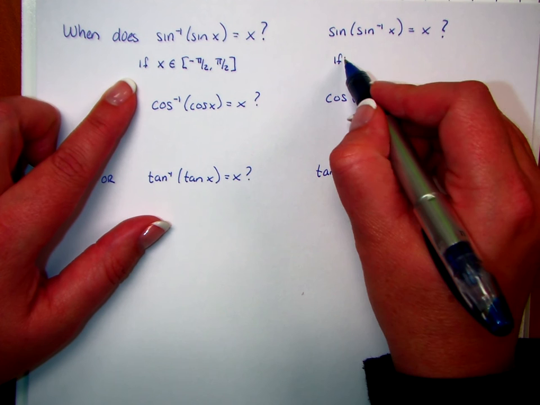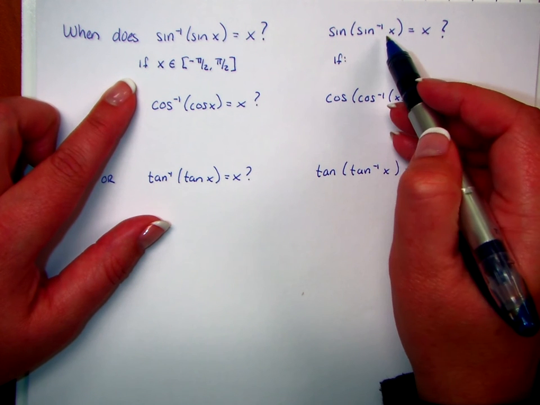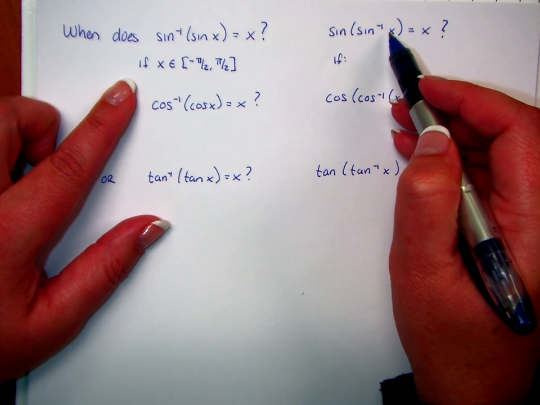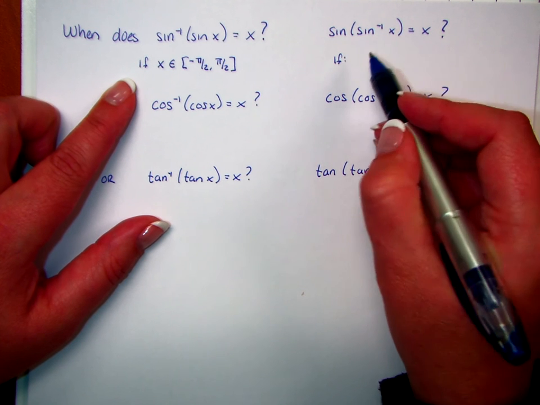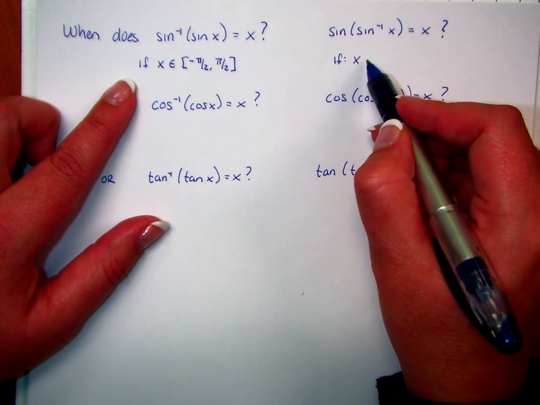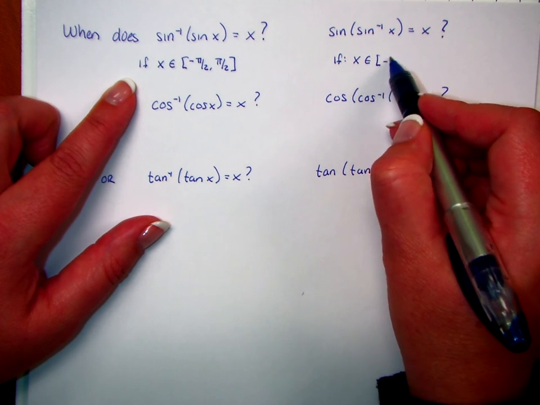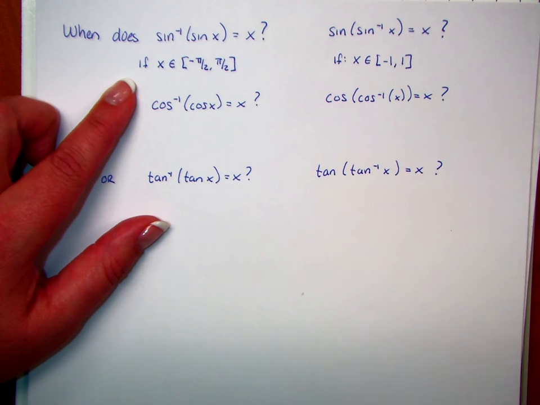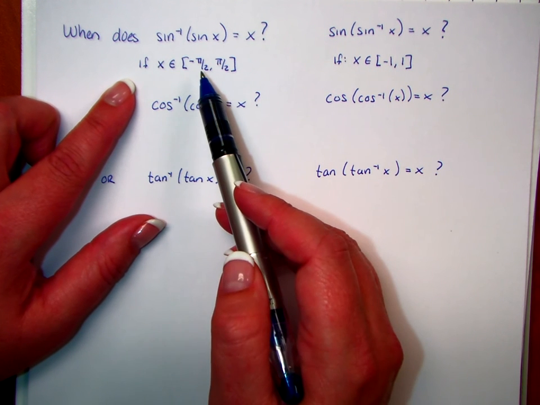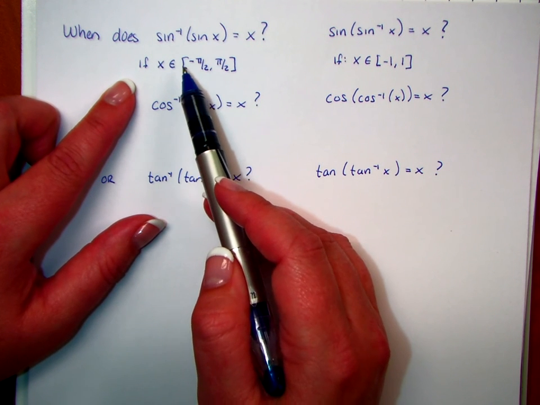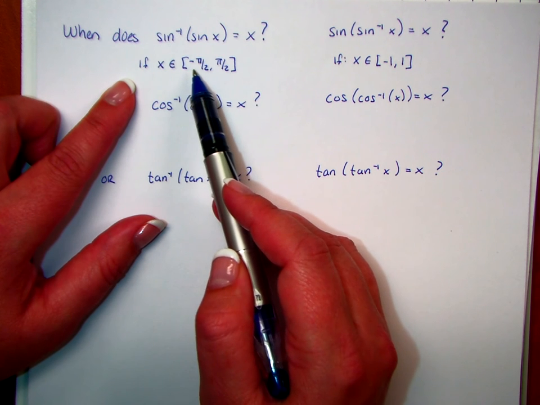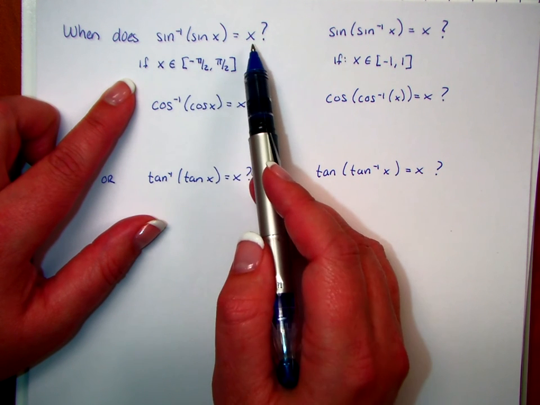The domain of sine inverse is the range of sine, negative 1 to 1. So this will happen if x is between negative 1 and 1. On the other side, if x is between negative pi over 2 and pi over 2, they cancel and we get x.